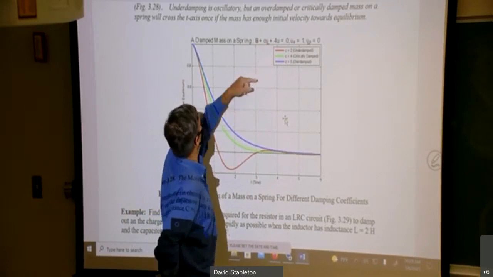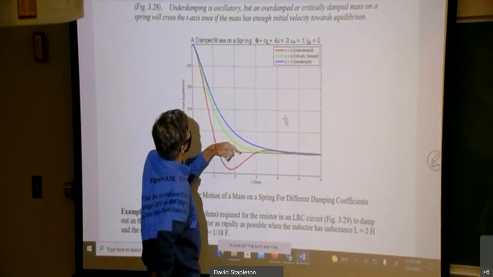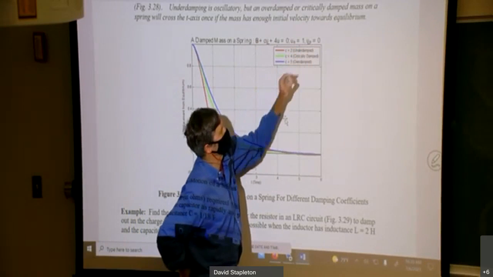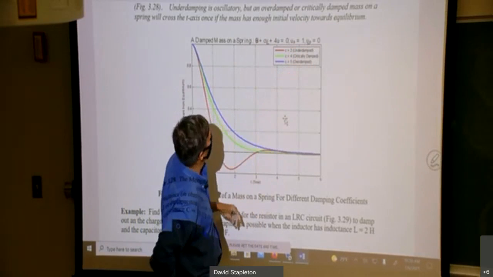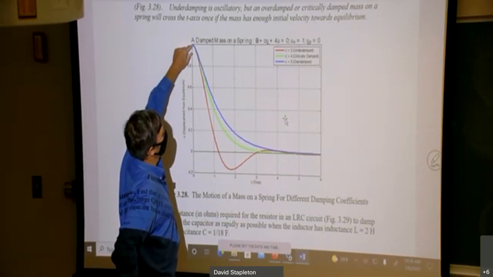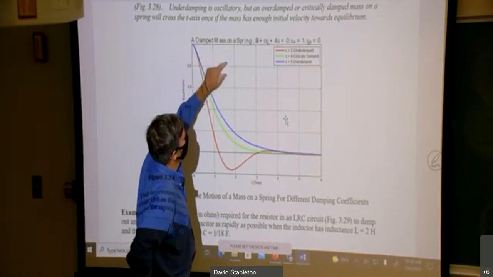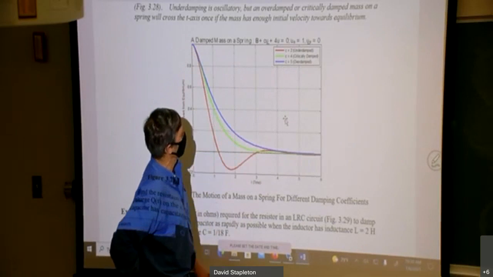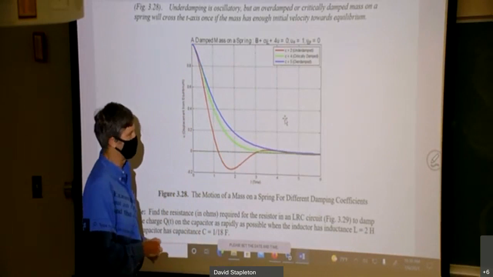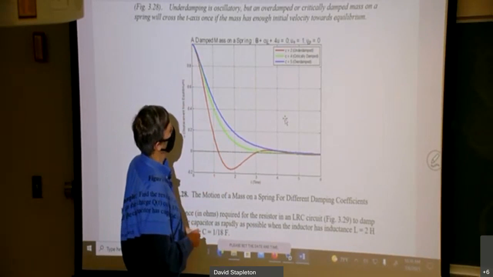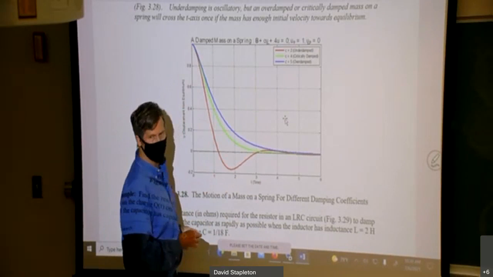With C equals 4, critically damped, it returns faster. With these same initial conditions, initial position 1, initial velocity 0, I just let it go from 1 unit out. Overdamping, if I put C equals 5, then it goes like this and settles down slowly. So there's the actual computer picture, better than I can draw. This is time and this is the displacement from equilibrium.